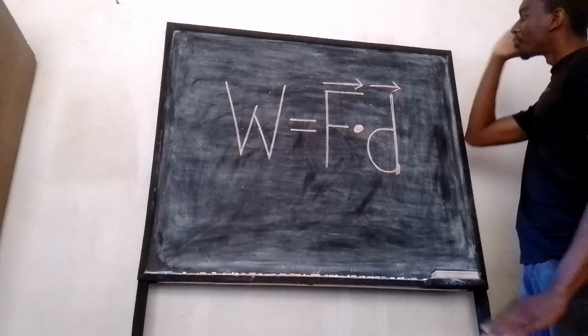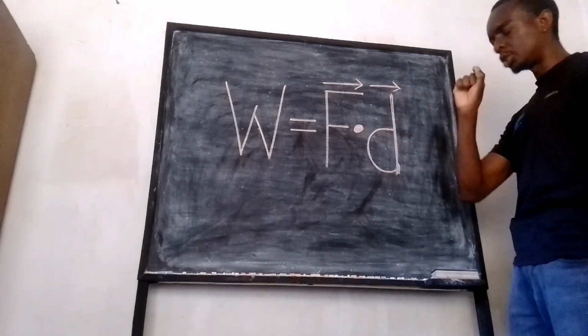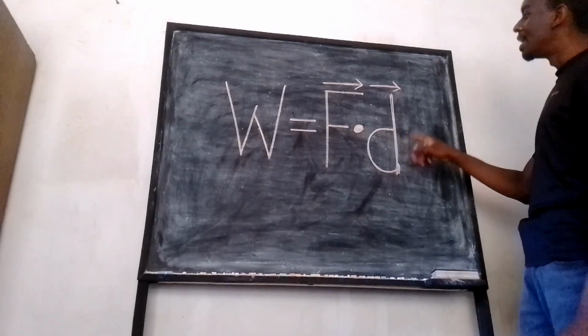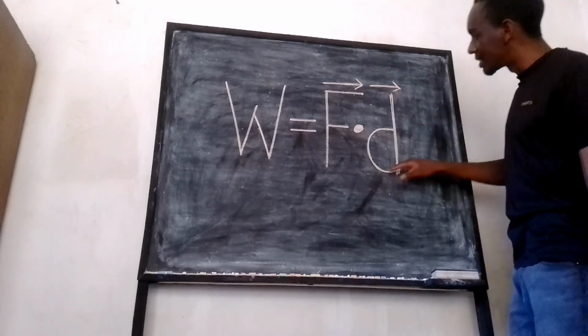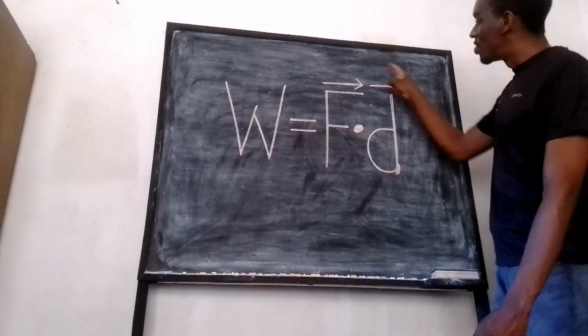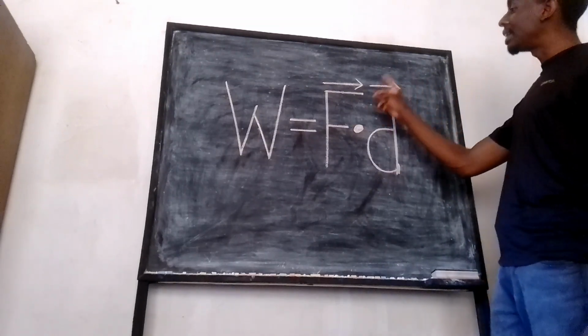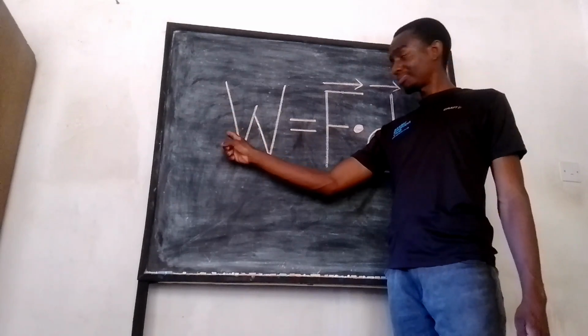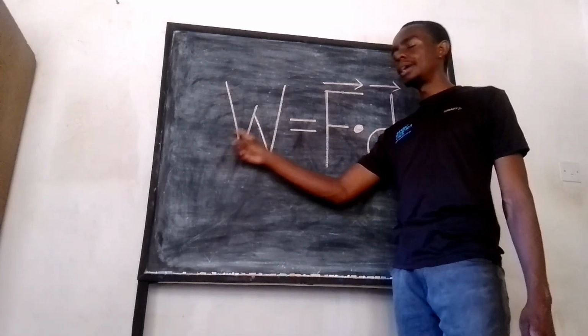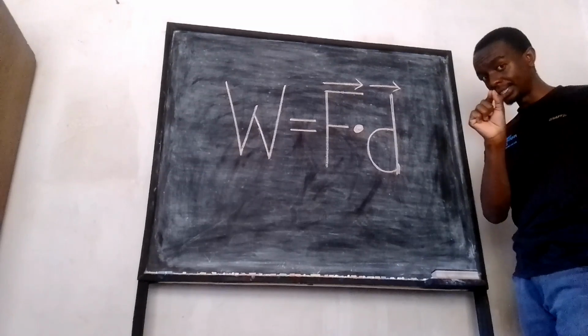Just assume that this is a simple scalar multiplication, F times D. Now, this as a whole has a meaning. I'll repeat, this as a whole has a meaning, but that meaning is entirely different from what's on the left-hand side. F times D, pay close attention.